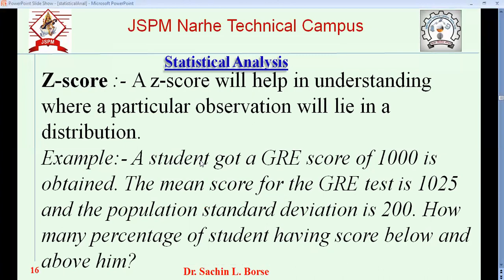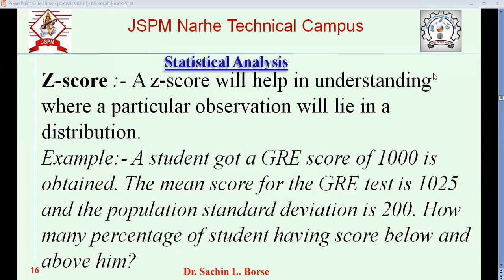Now, as I mentioned yesterday, we'll take some problems based on the Z score so that you will get a feel for it. You can see here, the Z score will help you understand where a particular observation will lie in the probability.